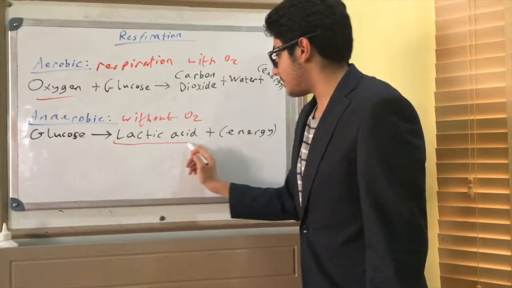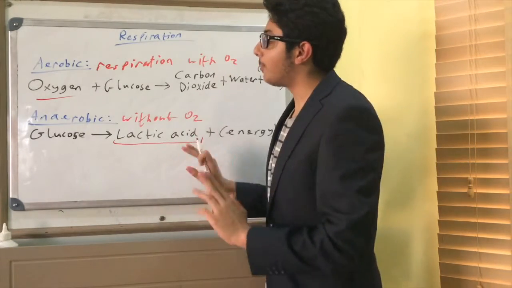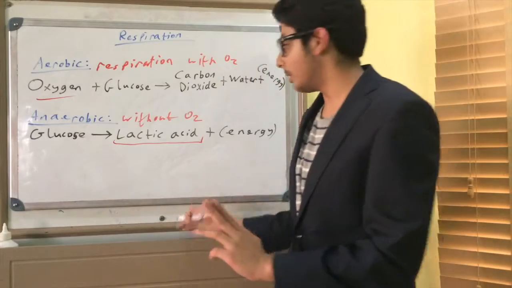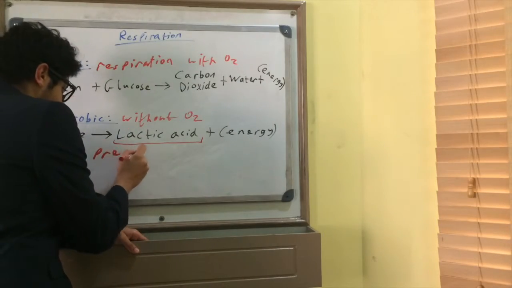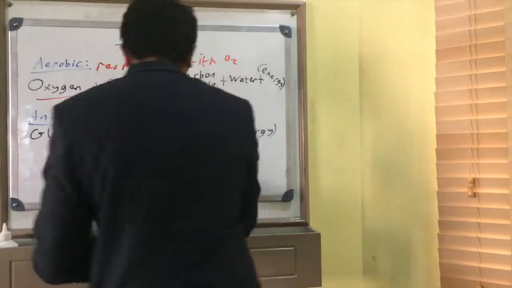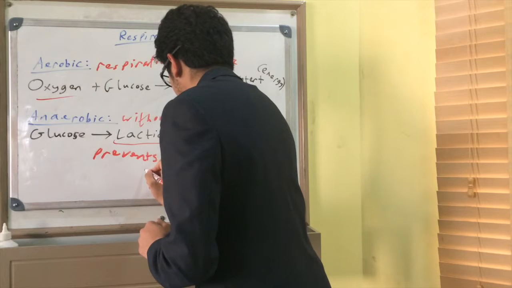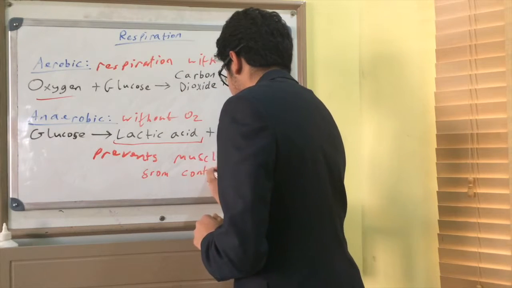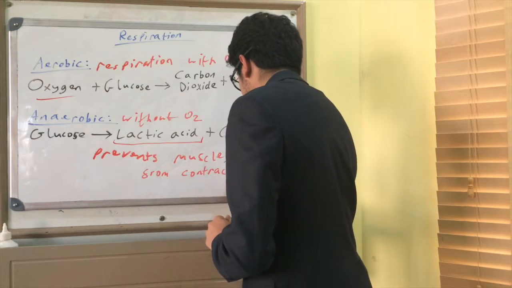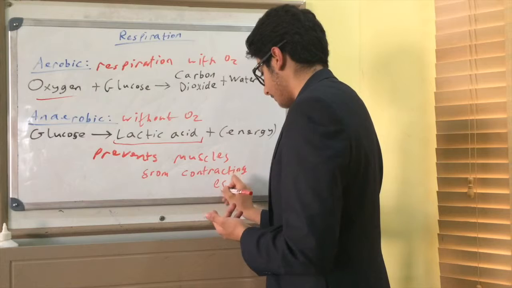Lactic acid is a very big problem in anaerobic respiration. Lactic acid prevents your muscles from contracting efficiently. And another thing with anaerobic respiration is that it does not produce as much energy as aerobic respiration.